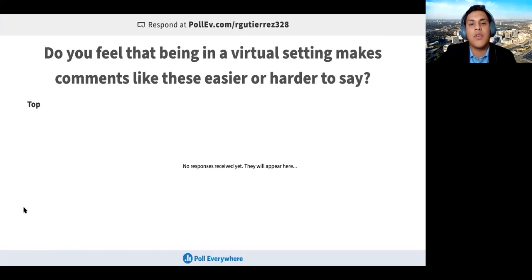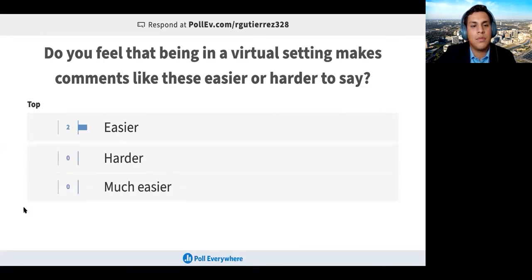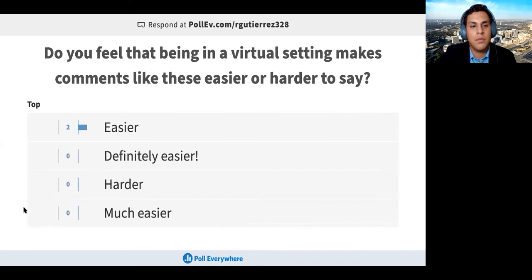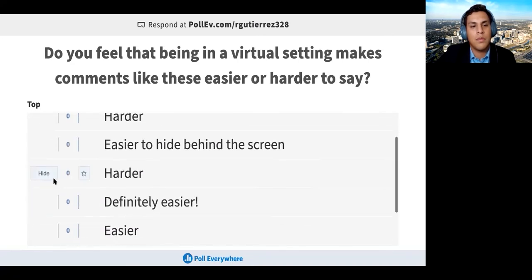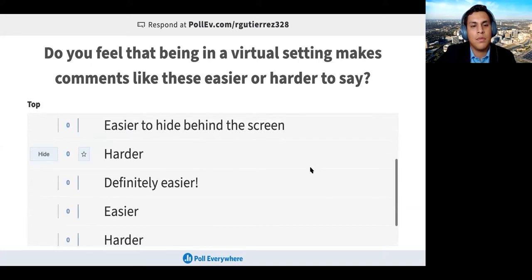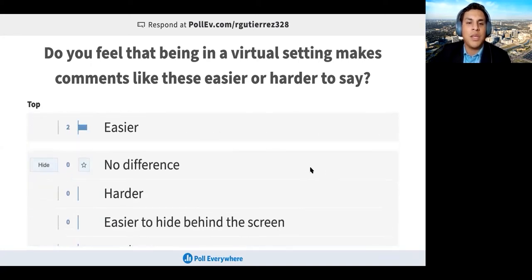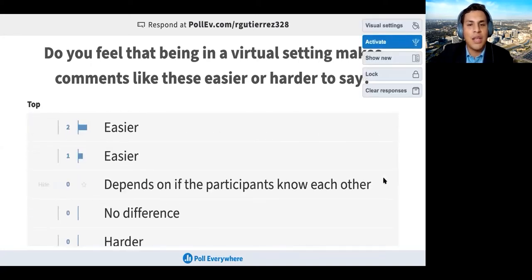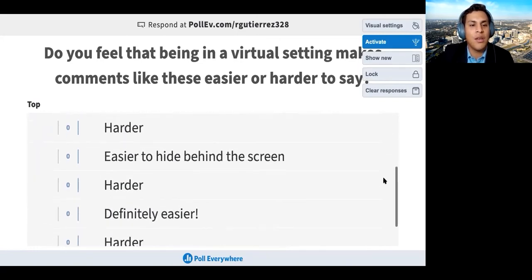Do you feel that being in a virtual setting makes comments like these easier or harder to say? Yeah, this is something to think about as we adjust to the COVID-19 pandemic and virtual learning.